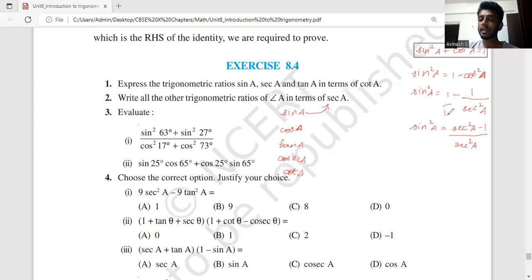Because here you have 1 by 1 into sec square, you get sec square A minus 1 by sec square A. Now we are supposed to get sin A, not sin square A, so we take a root on the right hand side.